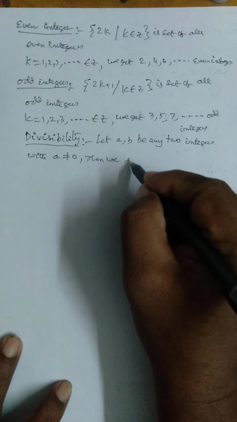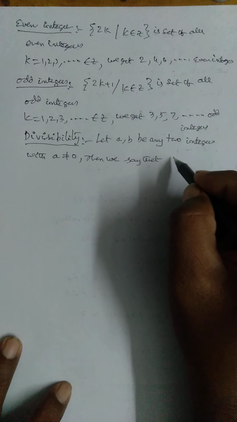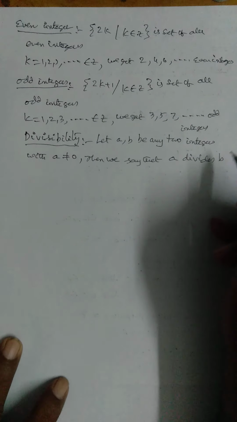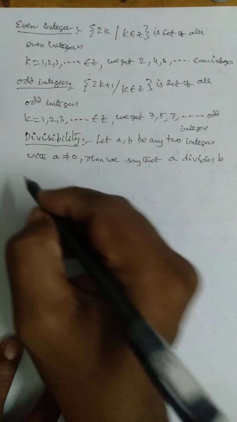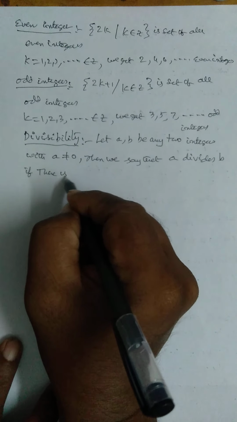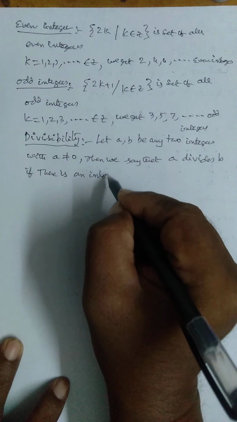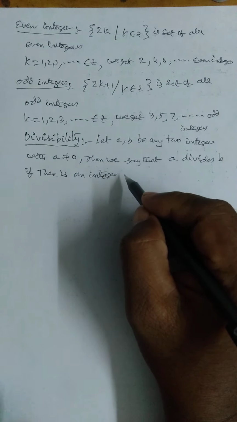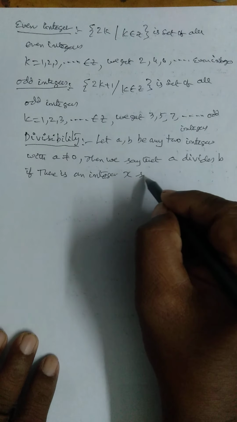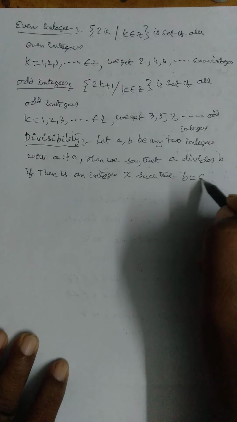Then we say that A divides B if there is an integer, meaning negative or positive, whatever it may be, x such that B is equal to A into x.